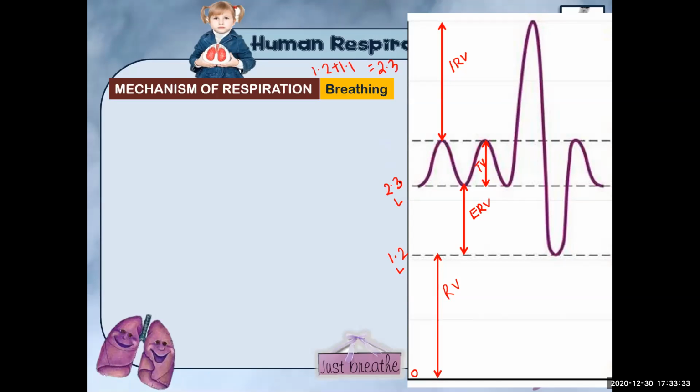So this is 2.3 plus 0.5, 2.8 liters. Then IRV is 3. So this one will be what? This one will be 5.8 liters.